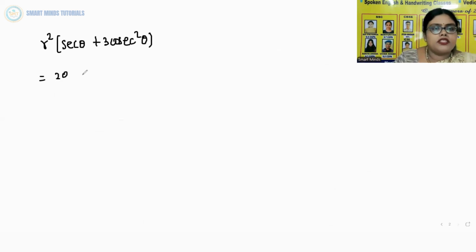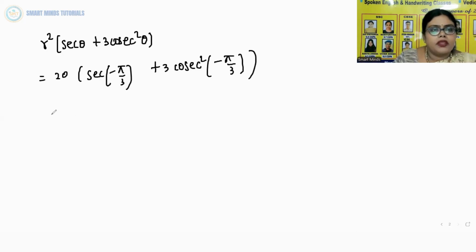So r square is 20 and this is secant of minus pi by 3 plus 3 into cosecant square of minus pi by 3. So 20 into secant of minus pi by 3 is secant pi by 3, plus 3 cosecant square pi by 3.